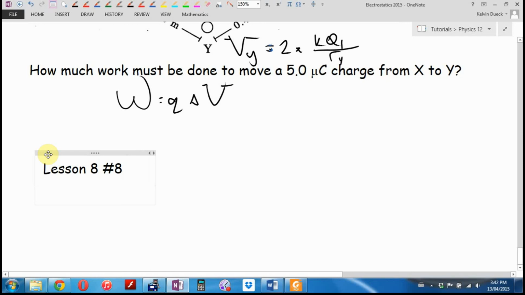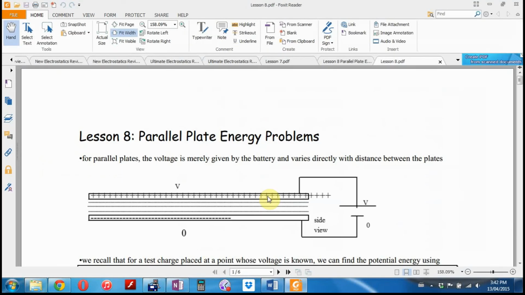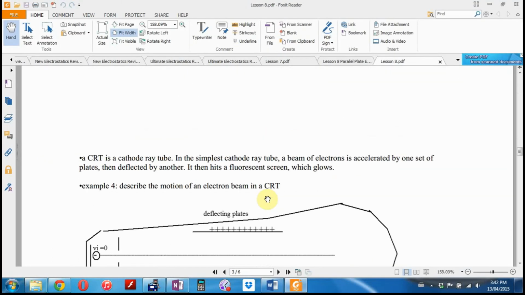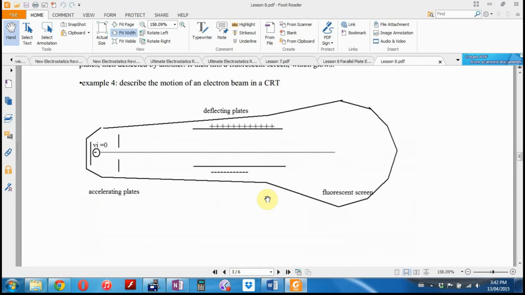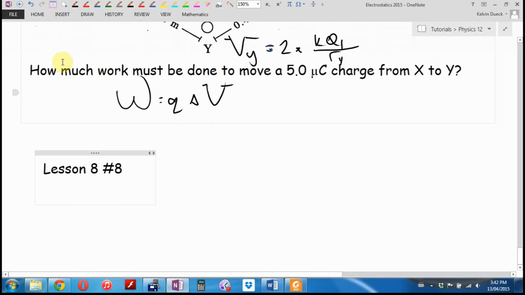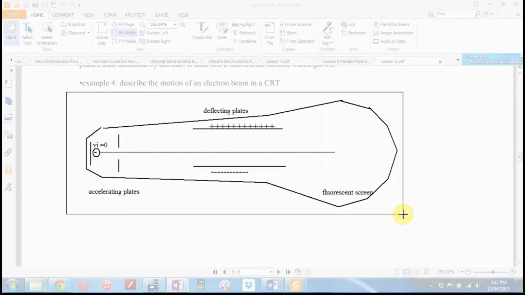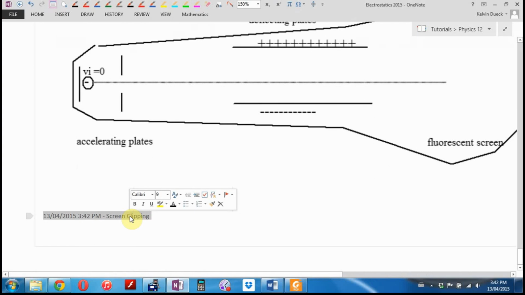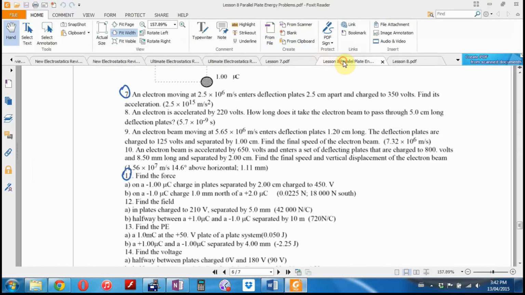Darian, this is also asking a time question, but this is a bit different because this is from the cathode ray tube. So, really, to do this, I need to get a good picture of the cathode ray tube. So there's the cathode ray tube.